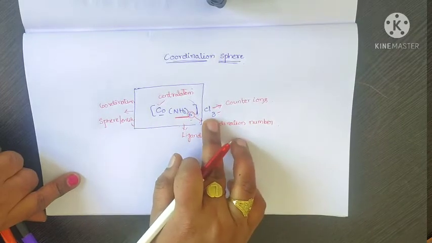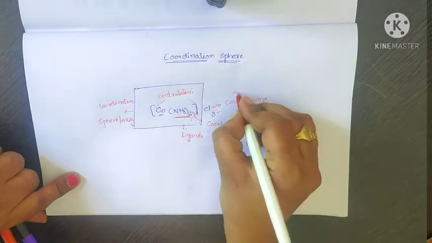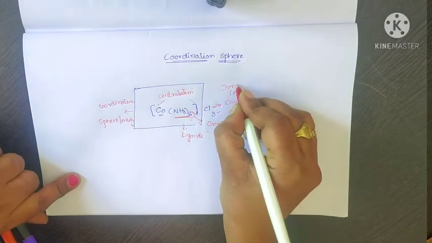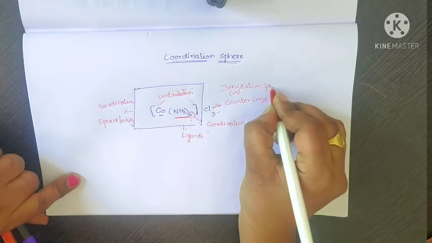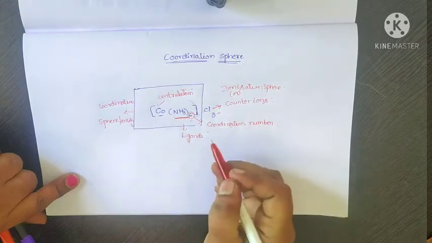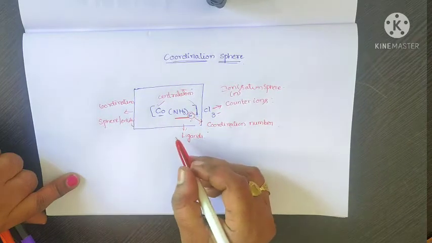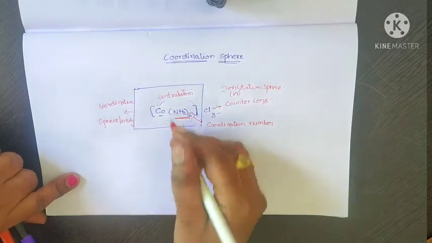And the part outside the square bracket is called the ionization sphere. The remaining part, the counter ions, is the ionization sphere. Outside the square brackets is termed the ionization sphere, and inside is the coordination sphere.